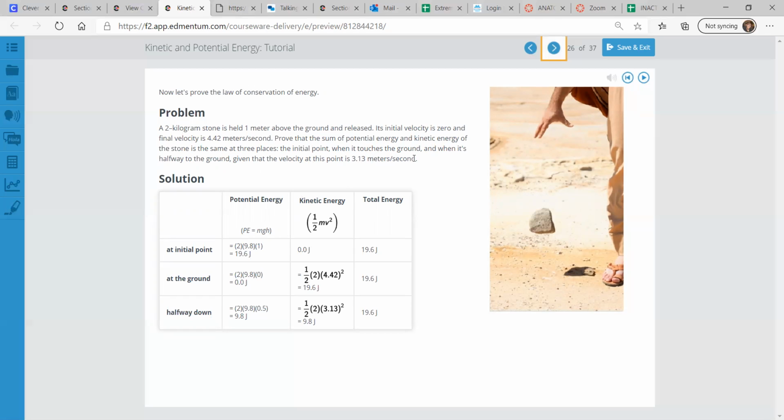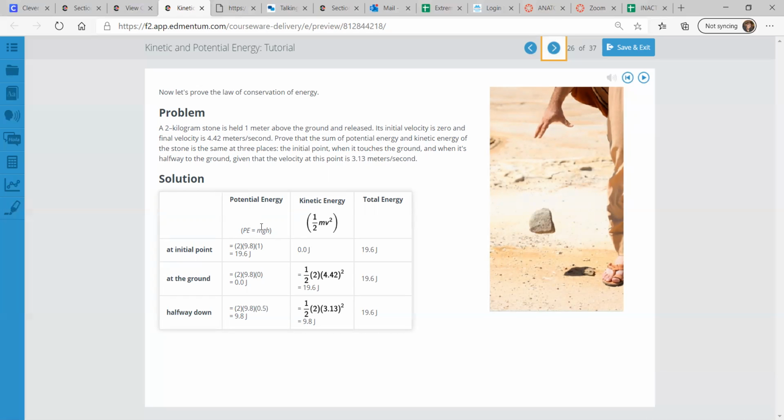So first, let's take it at the initial point. When you're dropping the stone, it's starting from rest, so it's not moving. There is zero kinetic energy. To calculate the potential energy, you multiply m times g times h. The m is 2 kilograms.